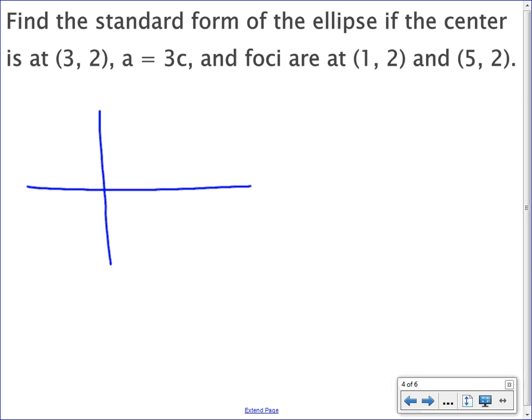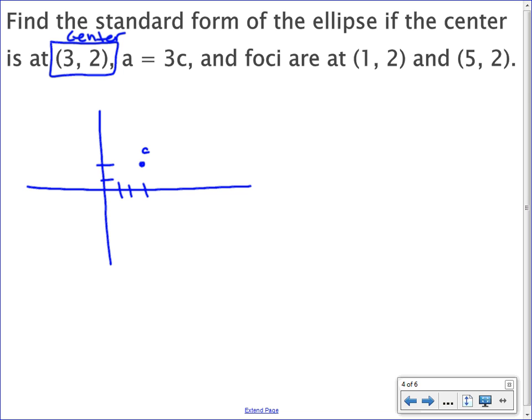Okay, now, where's our center? (3, 2). So center is (3, 2). We're going to need that, right? a equals 3c. We can come back to that later.